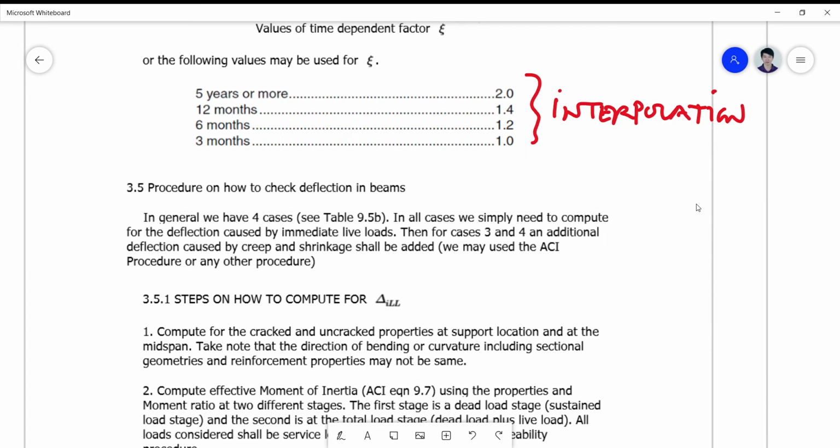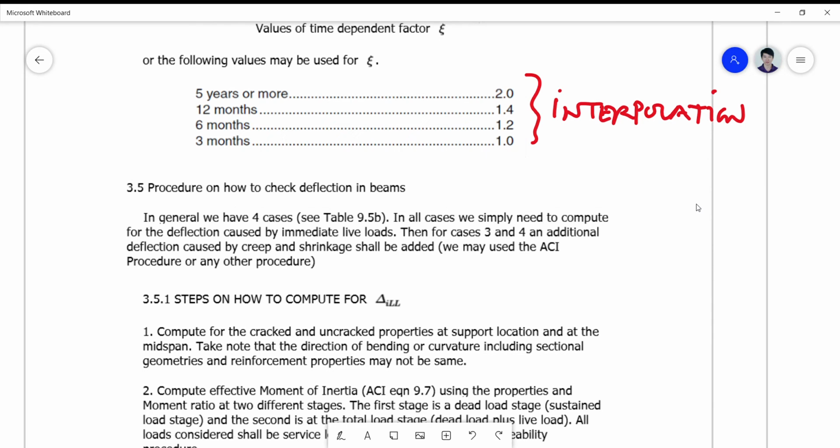One is those which are not supporting any elements likely to be damaged, and those which are supporting elements likely to be damaged by large deflection. So in all cases, we simply need to compute the deflection caused by the immediate live loads. And then for cases 3 and 4, we have to add the effect of creep and shrinkage, which the ACI simplified in terms of the formula lambda delta times delta sustained.